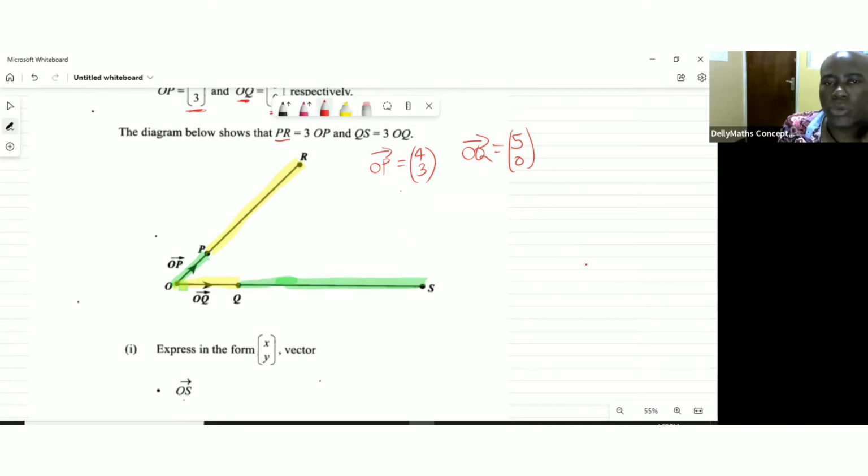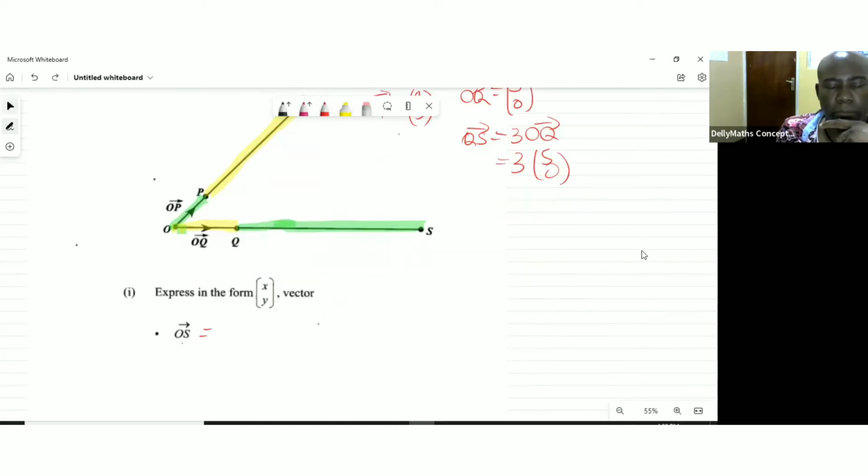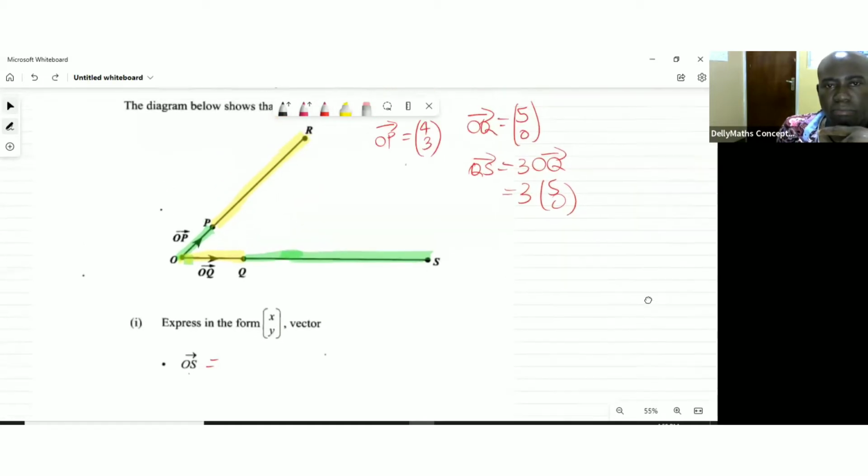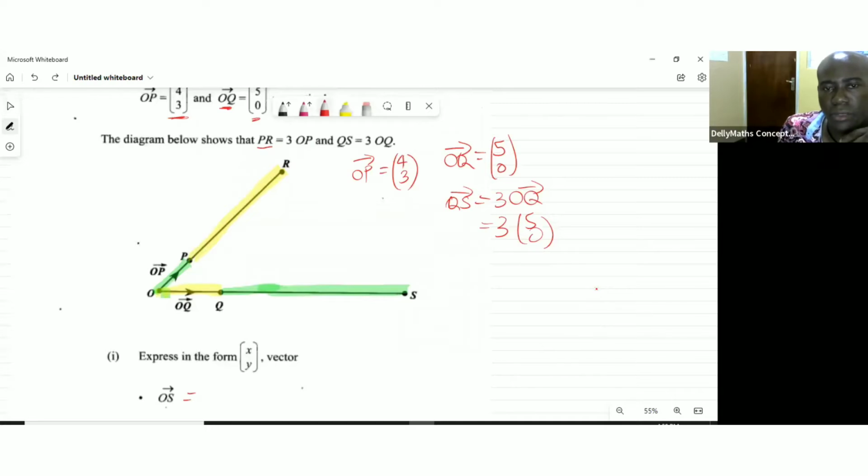So if OQ is (5, 0), then QS is equal to 3 times OQ, which is 3 times (5, 0). QS is equal to (15, 0).